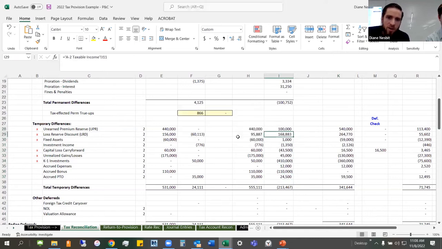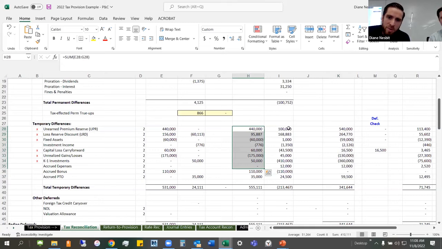I think this is a big part of the provision, getting these numbers right, because if your current year temporary difference is right but your beginning is wrong, then your ending is going to be wrong.